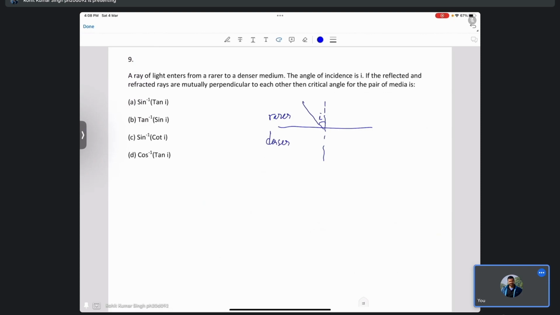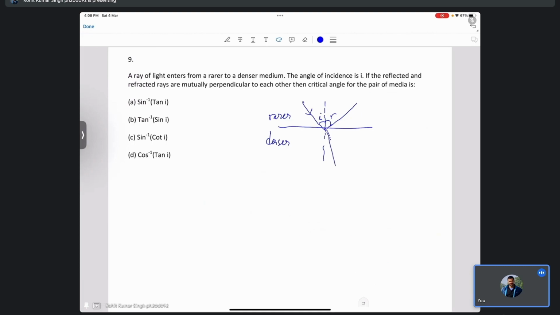Okay, and the reflected and refracted rays are mutually perpendicular to each other. So this is the incident ray, and some light will get reflected, R, and some light will be refracted.